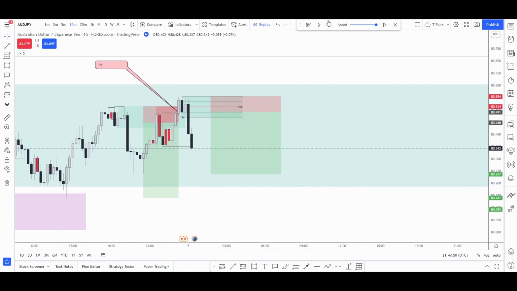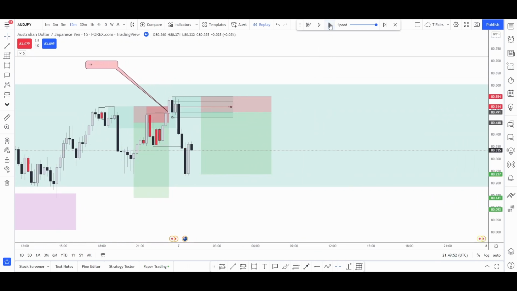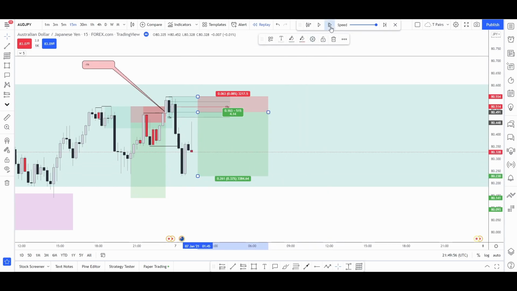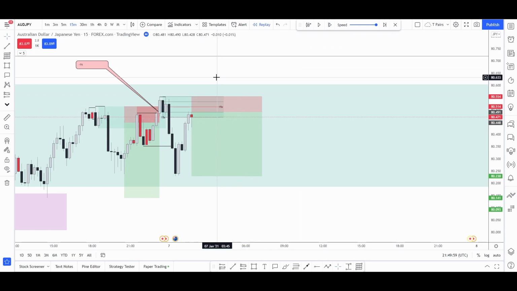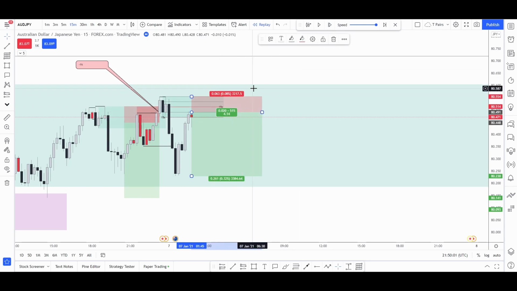Yeah, let's do it. Okay, well, the target's just moved, so it'll be hit. 4.14. Did we get tagged? Yep.